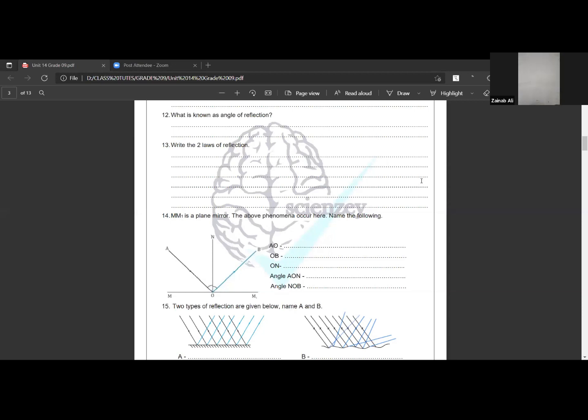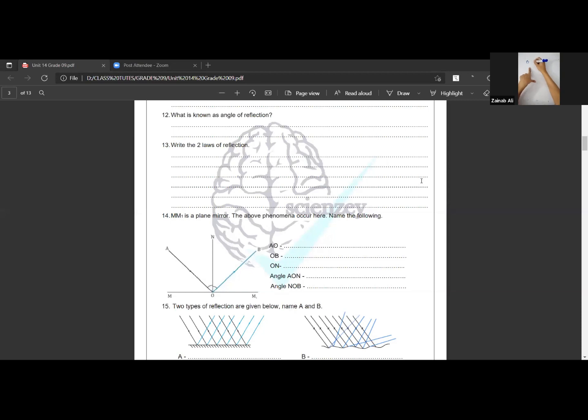Okay, now we'll discuss questions 13 and 14. Question 13: write the 2 laws of reflection. So it's easy, right? What are the 2 laws of reflection?